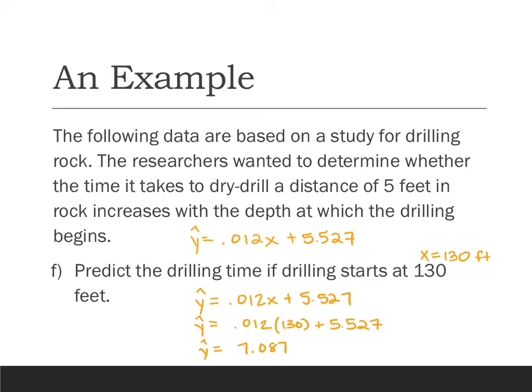Our y value should be our time, and that was in minutes. So our predicted drilling time, if drilling starts at 150 feet, should take about 7.087 minutes to drill an additional 5 feet.